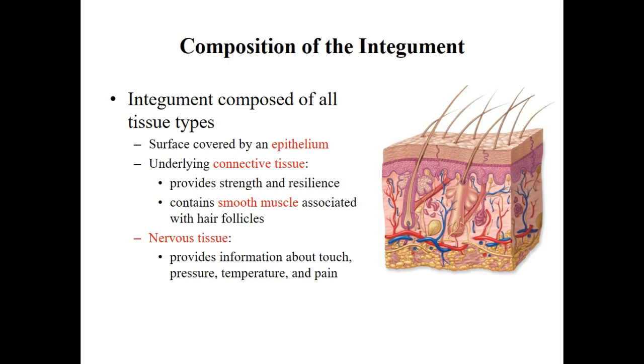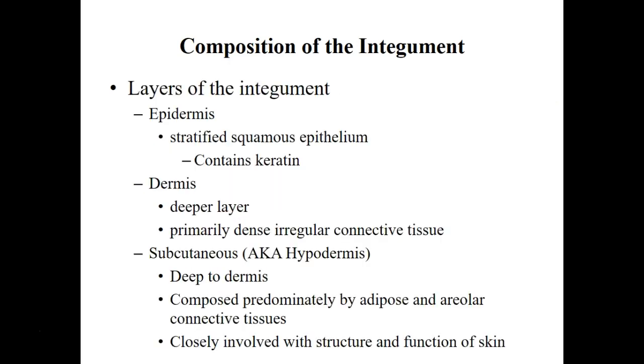We have nervous tissue, so we have receptors in our skin that help to detect pressure, temperature changes, and pain. That's all 4 tissue types right there.